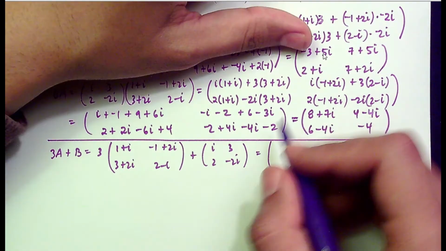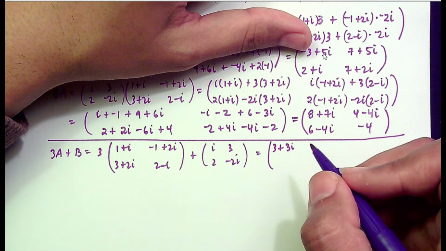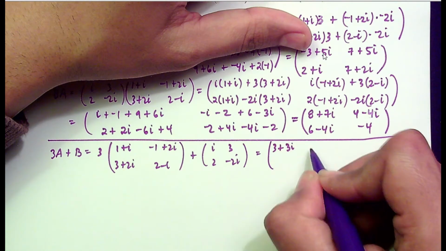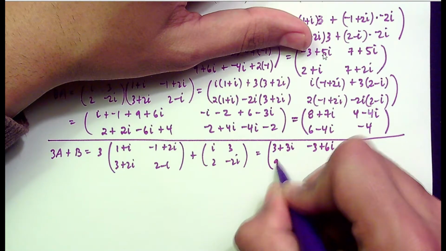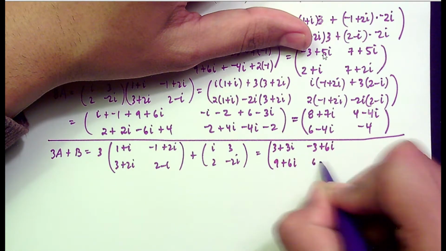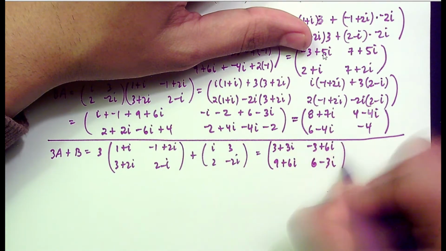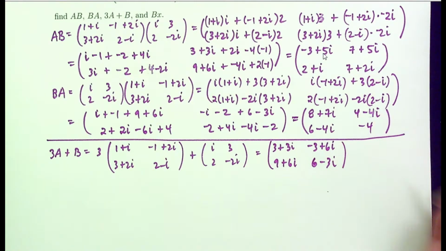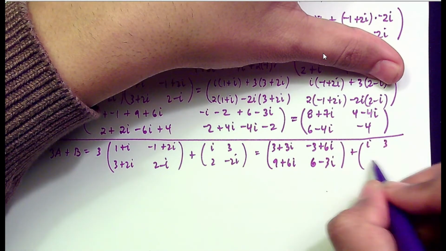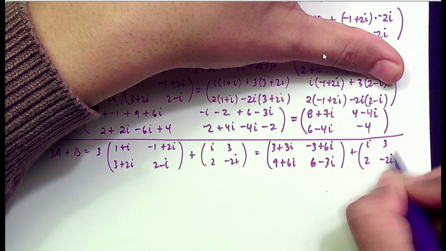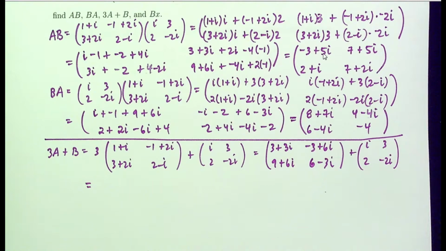So this is going to be 3 plus 3i, negative 3 plus 6i, 9 plus 6i, 6 minus 3i. So everything gets multiplied by 3. Then I copy B. So that's multiplying a matrix by a number. Every entry gets multiplied by the number.